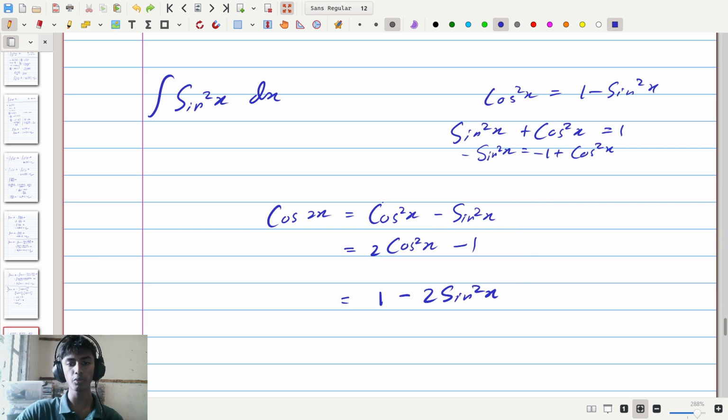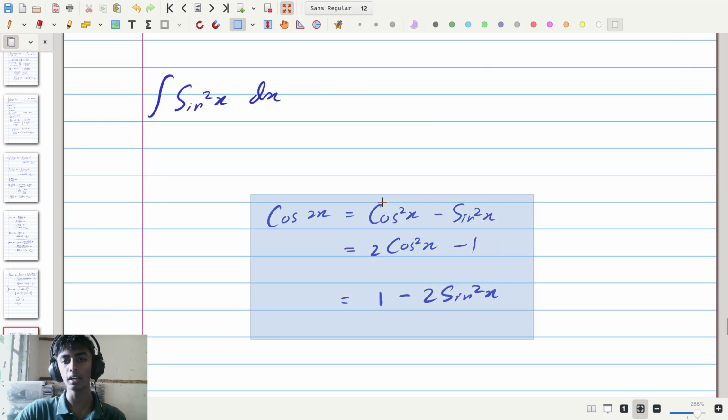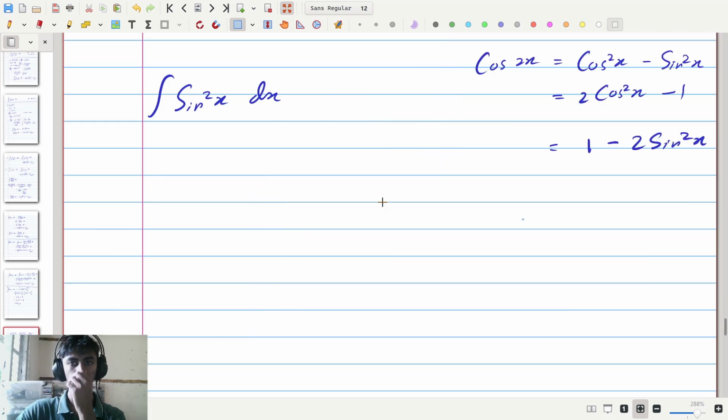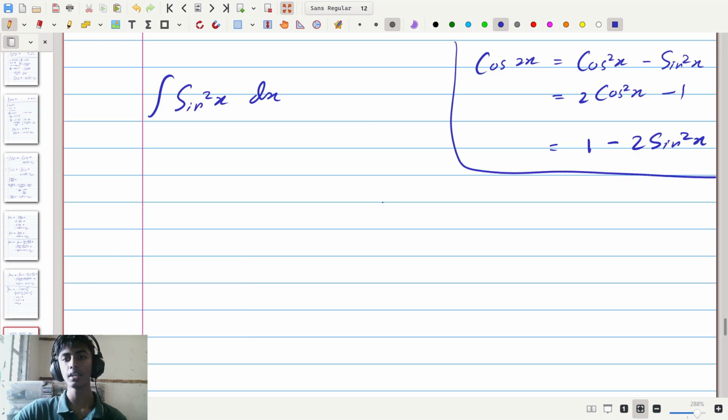These are three different forms of the cosine of 2x. For our purposes, we're going to be using this form and this form in order to get expressions of the sin² of x. Erasing some of this working that we have here, and writing the identity in the top right, we can see from this identity that 1 minus 2 times the sin² of x is equal to the cosine of 2x.